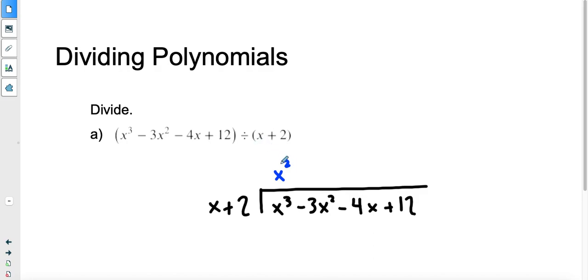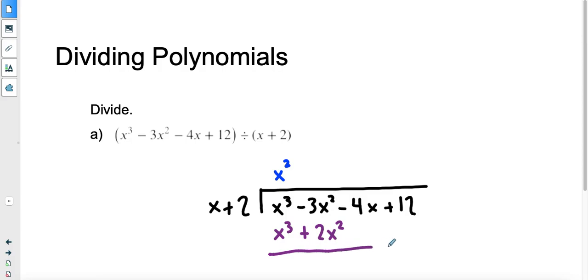Next, just like we did before with whole numbers, we're going to multiply the x squared by what we have here. Let's do it. x squared times x is going to be x cubed. x squared times 2 is 2x squared.